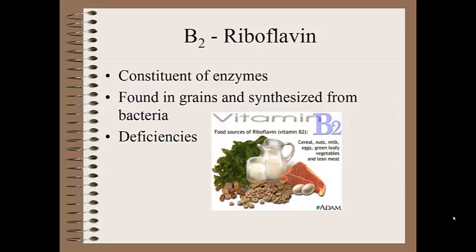So vitamin B2 is riboflavin, and it is a constituent of enzymes, and it's found in grains and synthesized from the bacteria in the hindgut. Now, if you have a deficiency of vitamin B2, you're going to have a decreased growth rate, decreased performance, which means your feed utilization and your reproduction are both going to be decreased.